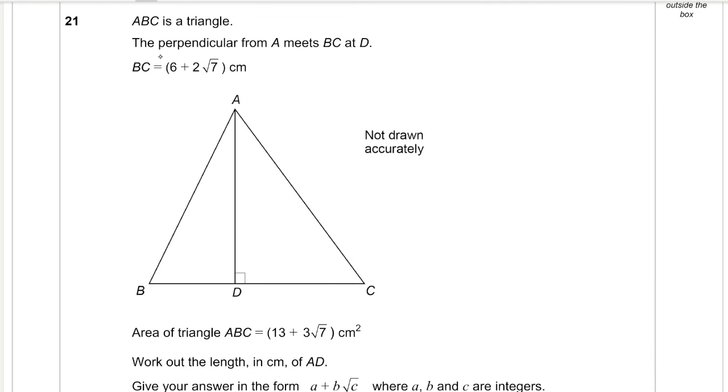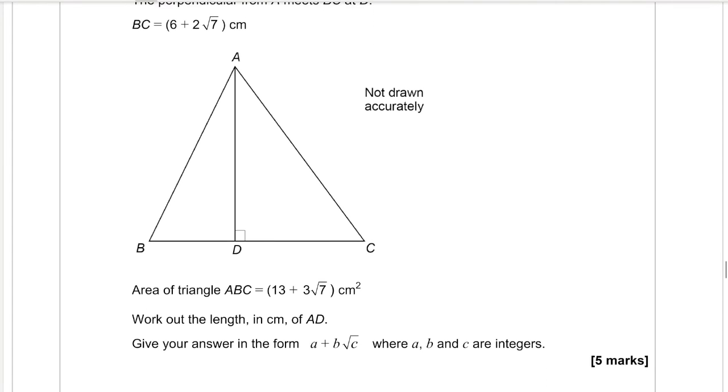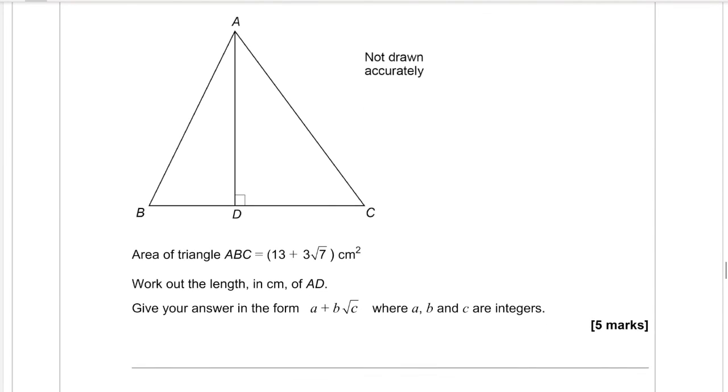We have a triangle. The perpendicular from A meets BC at D. Okay, and BC we're told is 6 plus 2 root 7, and the area of the triangle is 13 plus 3 root 7. Work out the length of AD.